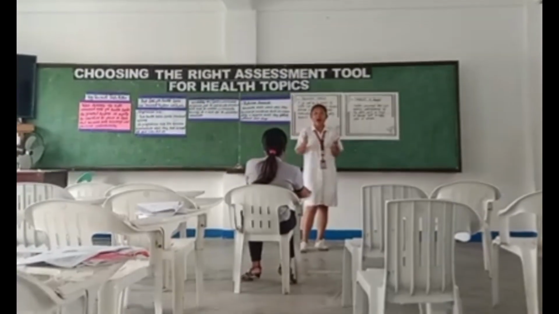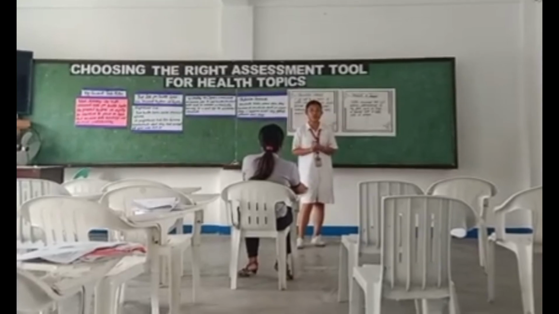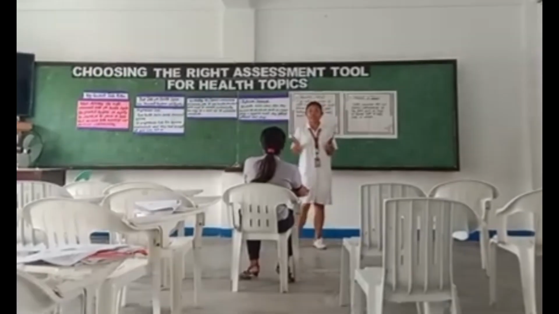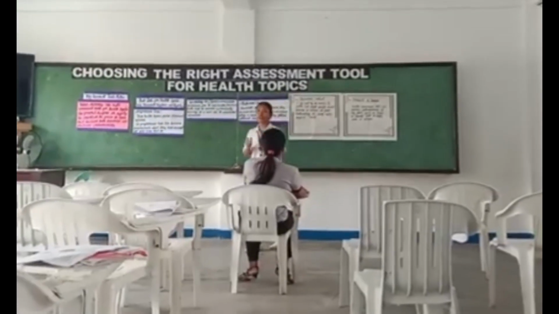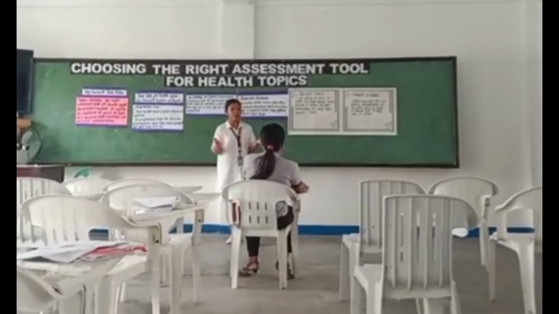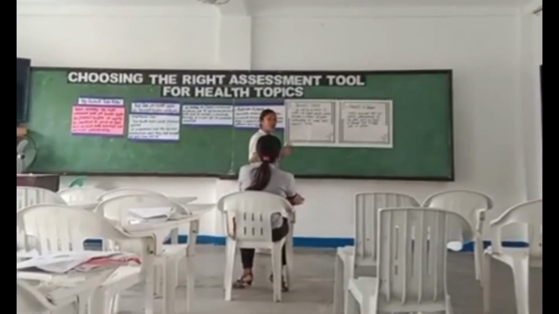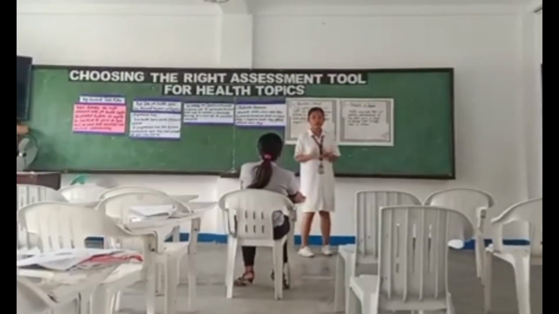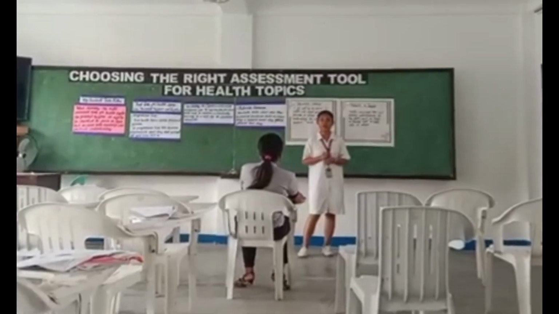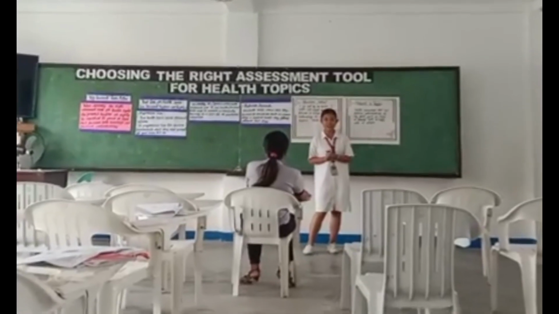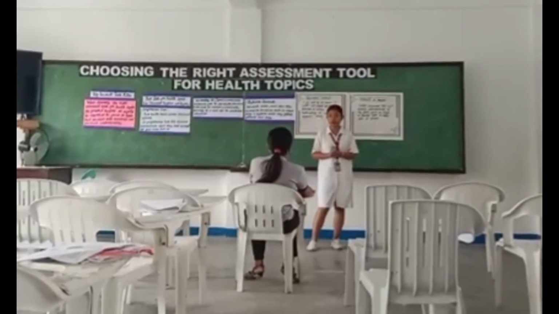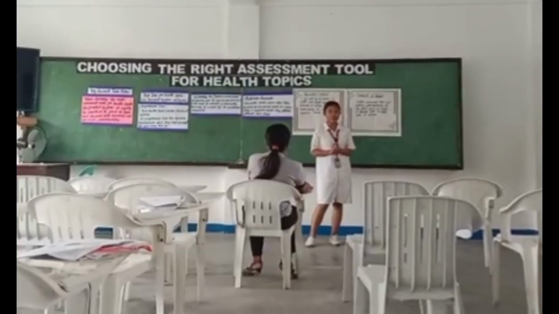Observation checklists allow teachers to watch students during activities and check if they are doing things correctly, like during a role play or group work. Worksheets and quizzes are great for testing knowledge and facts, such as naming food groups or body parts.